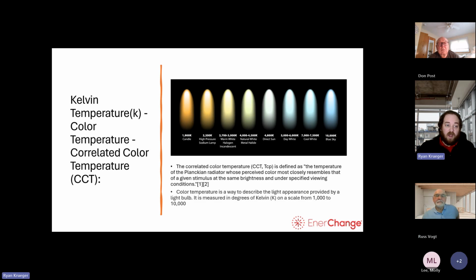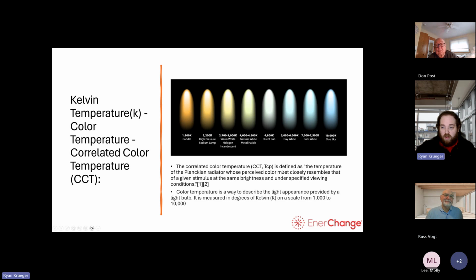When you climb down the rabbit hole of Kelvin temperature and click through on Wikipedia, you get to color, and then you get into the rabbit hole of what is color, where the science gets kind of crazy. I pulled the definition of CCT, and it's the temperature of the Planckian radiator whose perceived color most closely resembles that of a given stimulus at the same brightness and under specific viewing conditions. That doesn't necessarily mean anything.